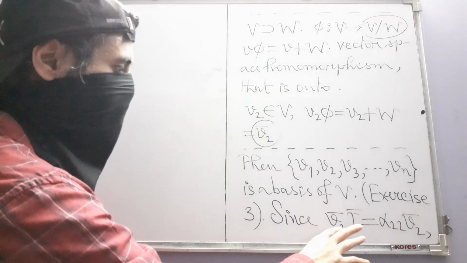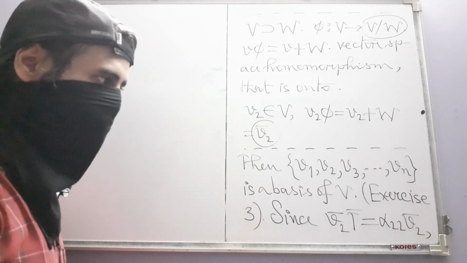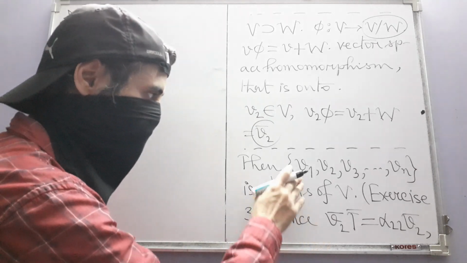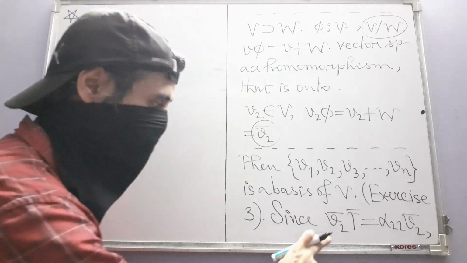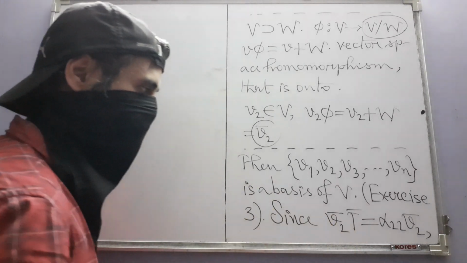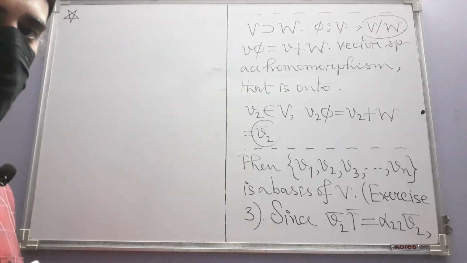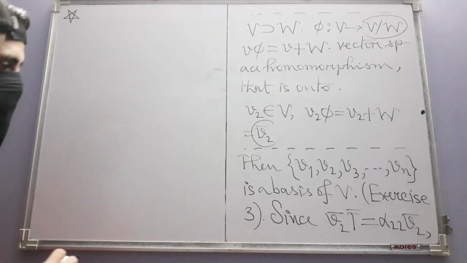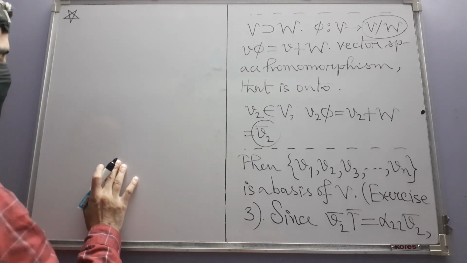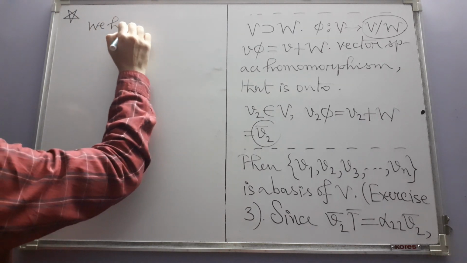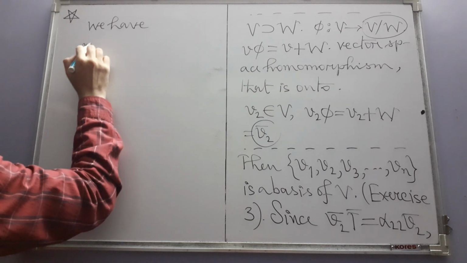Now we know what V2 bar is. V2 bar is V2 plus W, on which we have to apply T bar, and we also know the definition of T bar. That's why I was recalling the definition of T bar there. And let's see what we get. So that means we are having this.